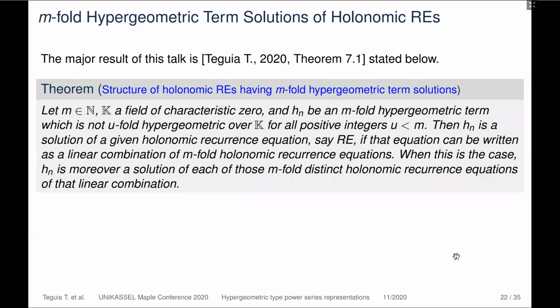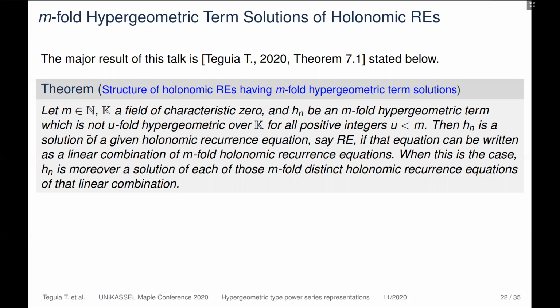Now, a major result of my PhD thesis, which is the main result of this presentation, is this theorem, which gives a structure of holonomic recurrence equations that have m-fold hypergeometric term solutions.